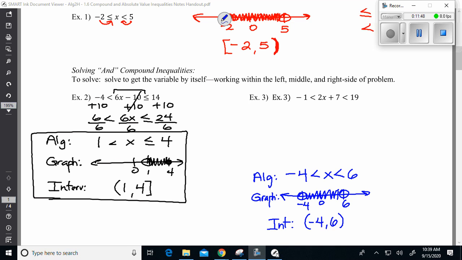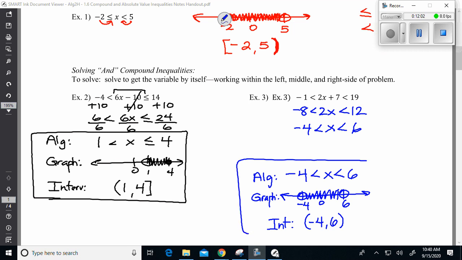So hopefully, if we did this problem correctly, you subtracted 7 on both sides. And then you divided everything by 2. So those are "and" inequalities. "And" inequalities, start from the middle, work your way out. You're shading in between.